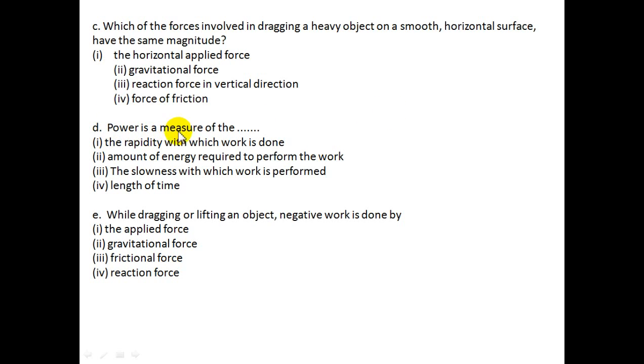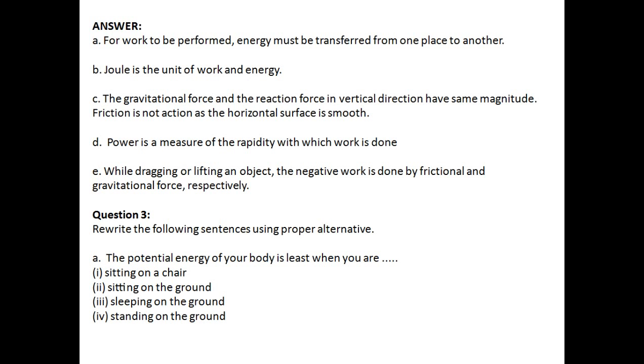Now D, power is a measure of rapidity with which work is done, the amount of energy required to perform the work, the slowness with which work is performed, or the length of time. So the power is the measure of rapidity with which work is done.